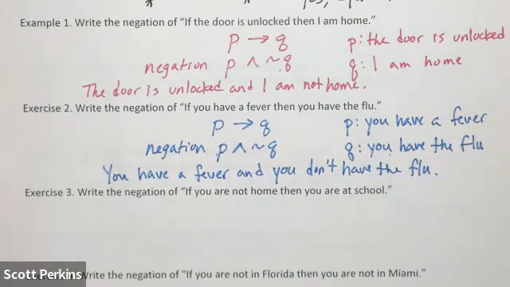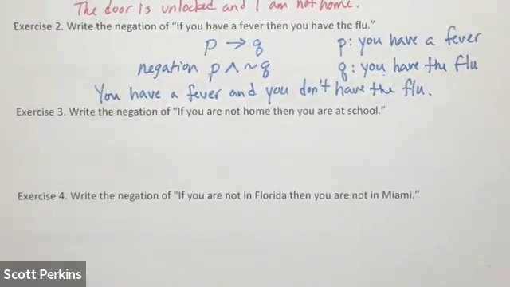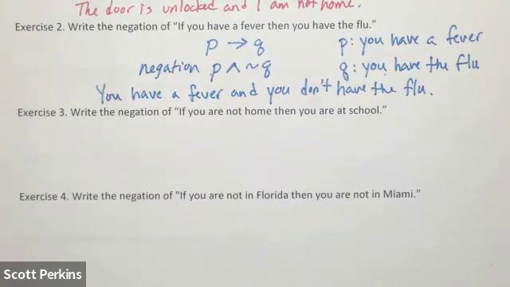Perfect. All right, so try the next one. Remember, little hint, whenever you define your simple statements, you define them positively, and you add in the negation when you write it symbolically. So give exercise 3 a try, please.